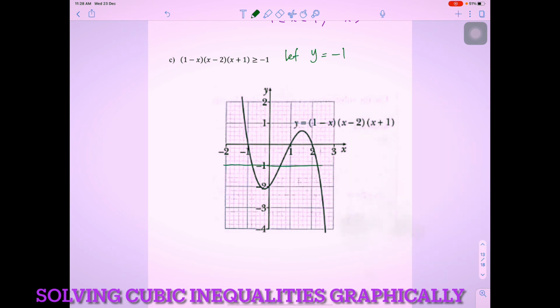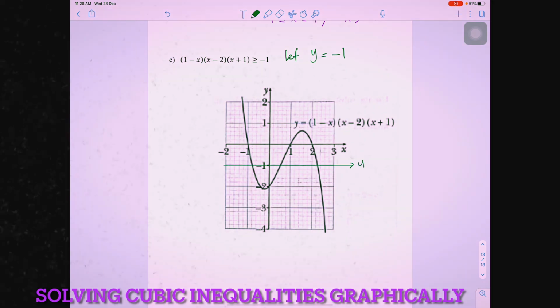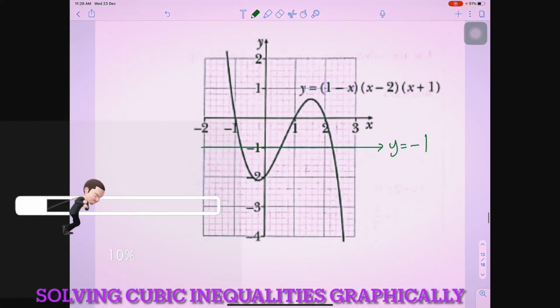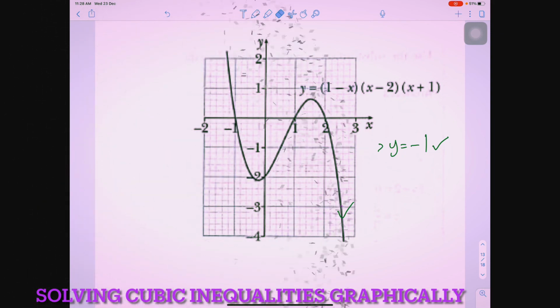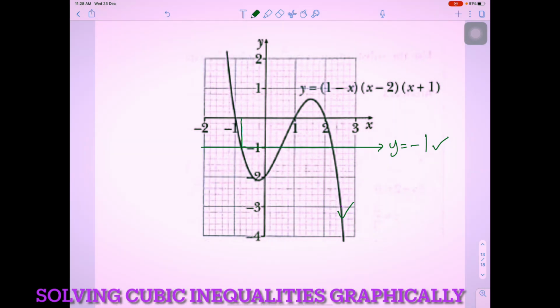So this is the line y equals negative 1, and the intersections between y equals negative 1 and the cubic equation are here 0.8, here 0.6, and last but not least, x here is 2.2.